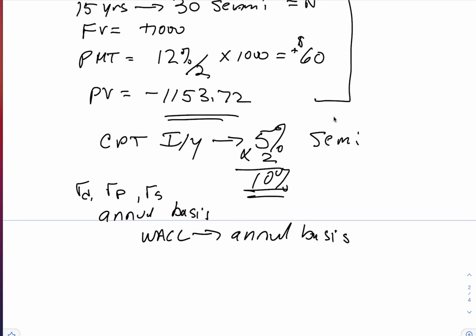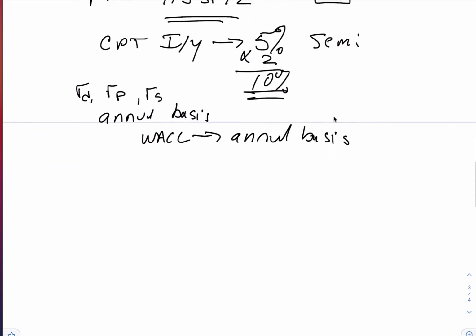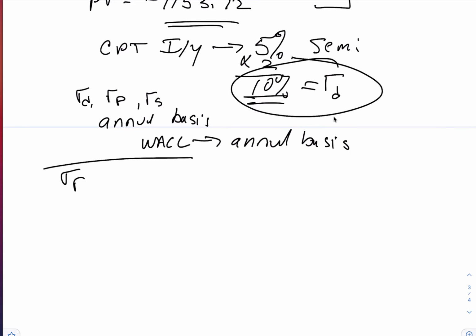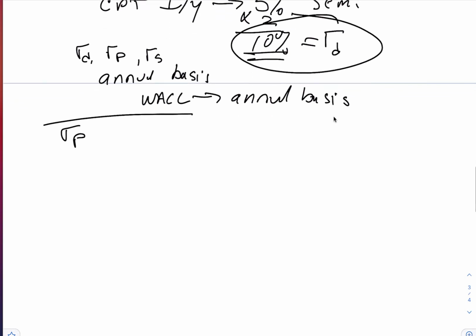Okay, so let's move forward. So this is equal to RD right here. Now, what about RP, the cost of preferred stock? RP, if you recall, equals the dividend for preferred stock divided by the price of preferred stock.